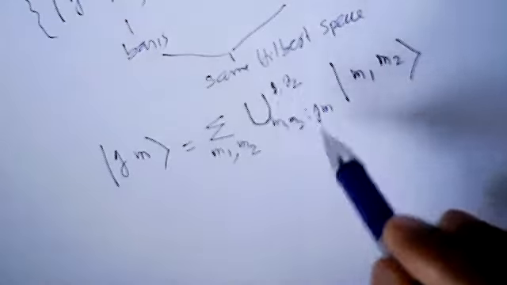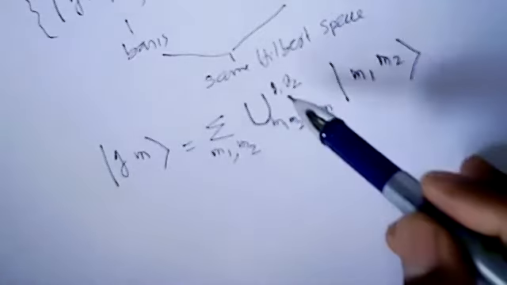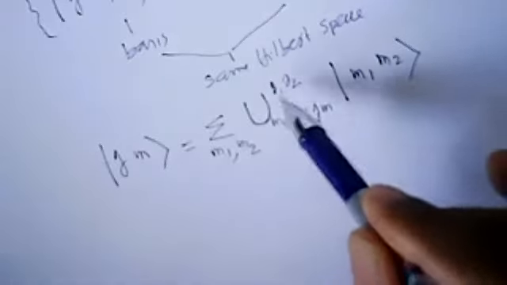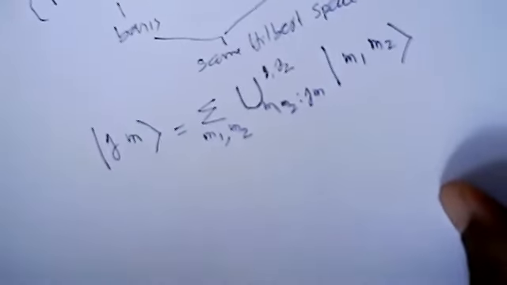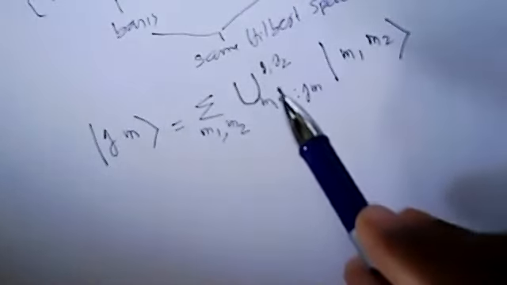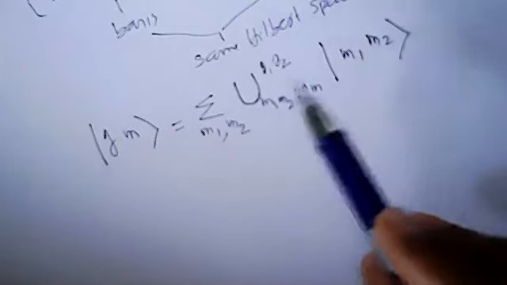This kind of unitary operator can perform this change of basis, because this is not a simple unitary operator. It is slightly more dependent on many indices, all the indices J1, J2, M1, M2, J, M. This can be written in different ways, no problem. Somehow you have to show this dependency on all these eigenvalues. So this U is the main thing. U is the unitary operator. It's actually a matrix.